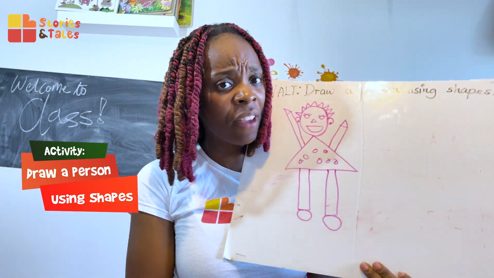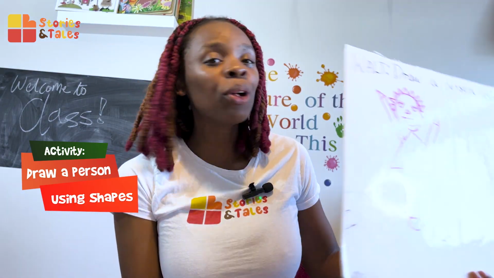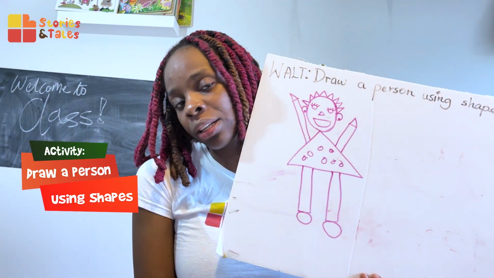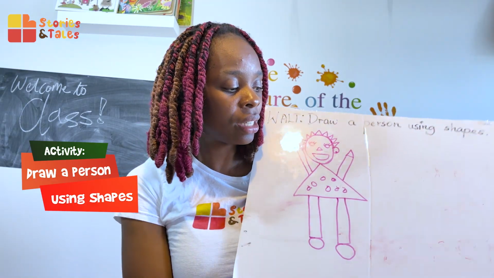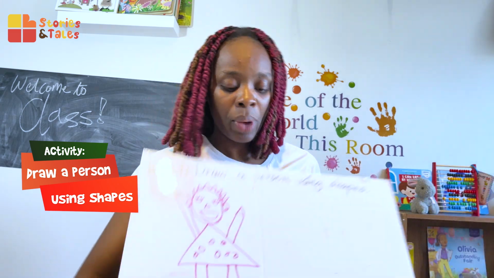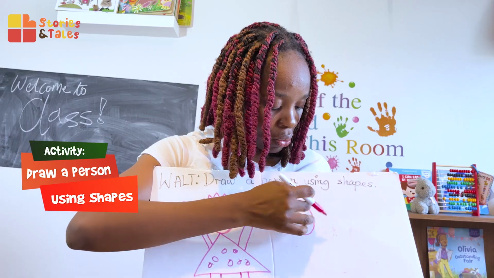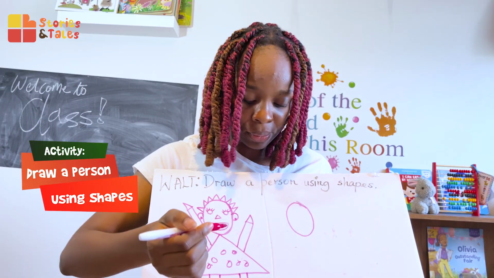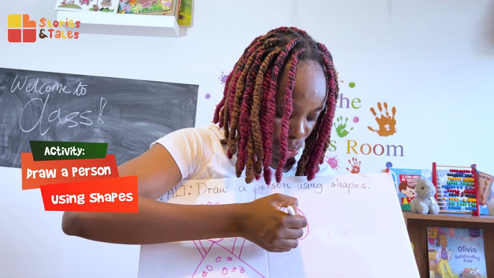Now, it's not going to be fair if we only draw a girl and we don't draw a boy, right? So let's try a boy. Now, where do we start? We start with the head, which is a circle. And we go to eyes, 2 eyes as usual.